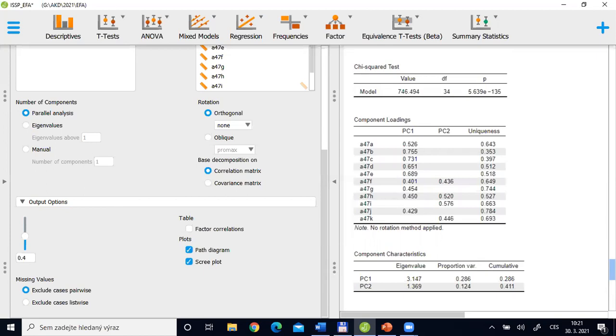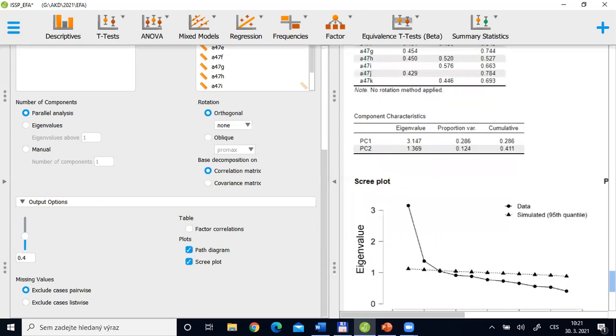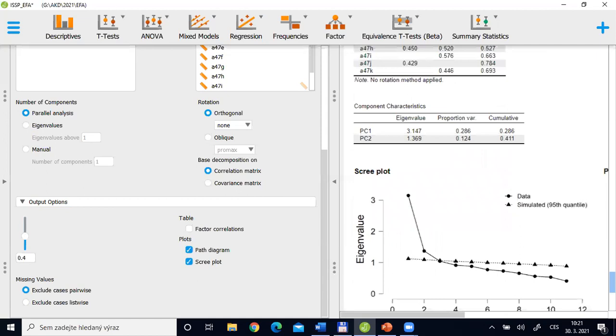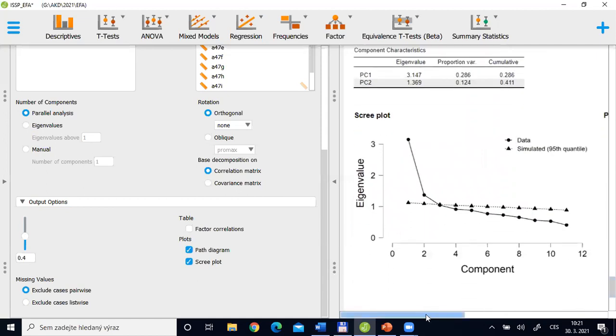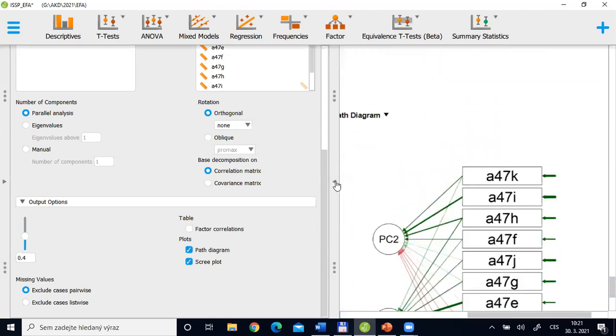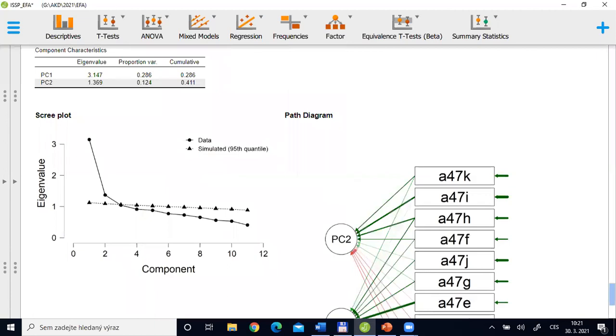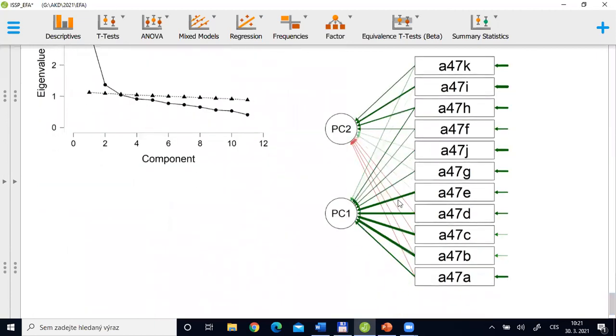If I go to substantive discussion, if I open this dialog, it is still the same. So I have quite a strong first dimension based on 1, 2, 3, 4, 5 items from the first set. So it means once again the left-right scale.